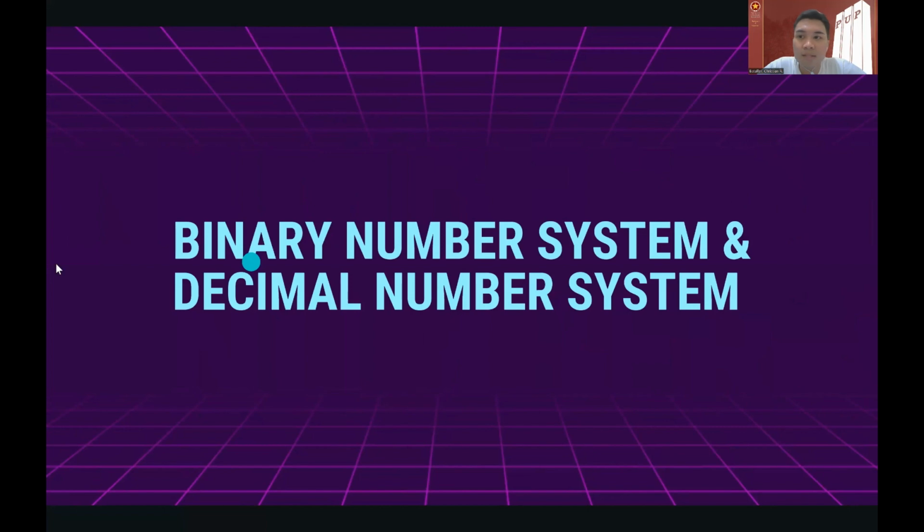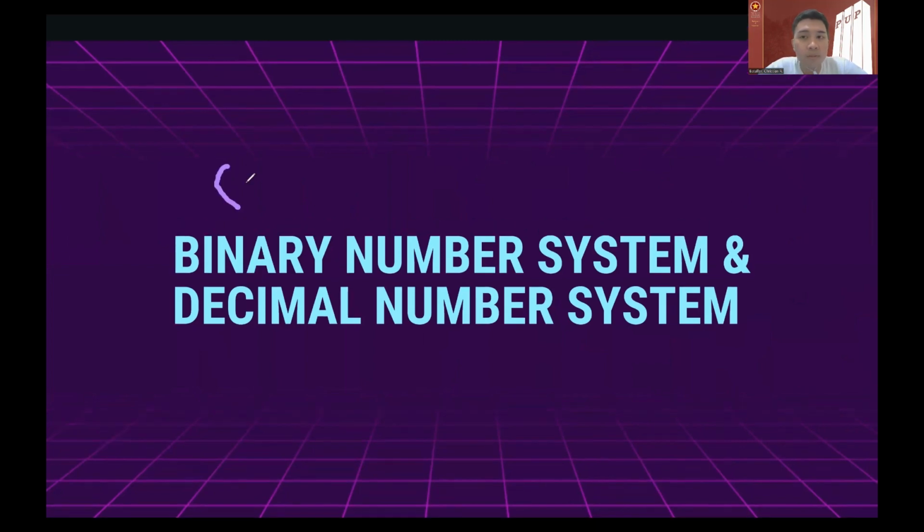Wait lang, I will use annotation here. So for example, I will put open parenthesis 1, 0, 1, close parenthesis, and I will put here 2 to make it binary. So let's go now to conversion.